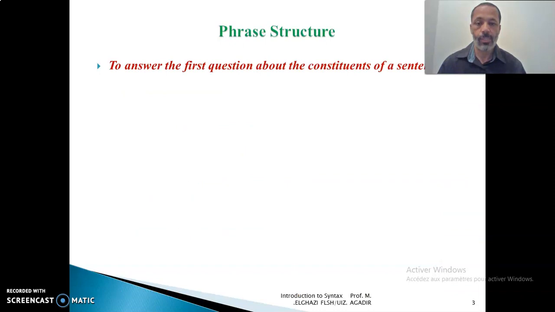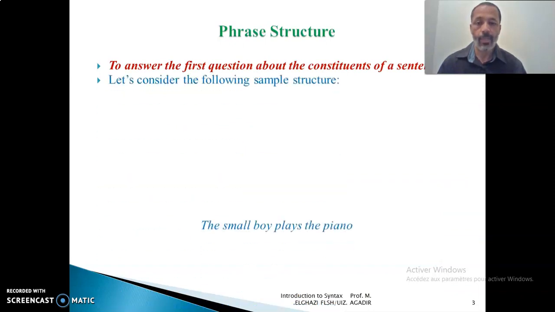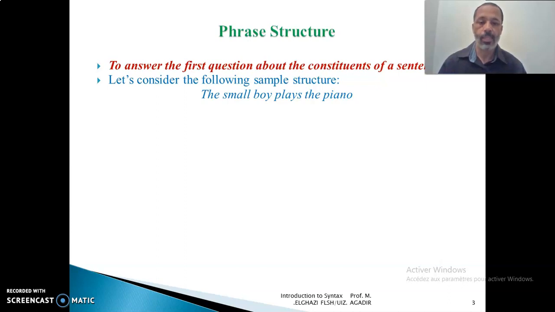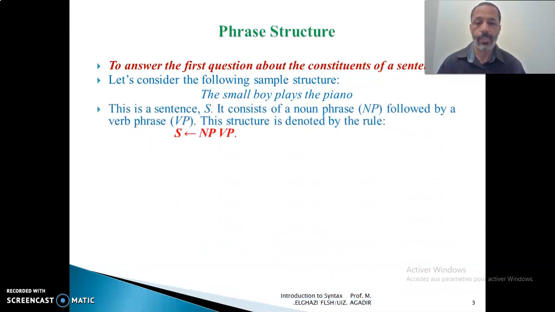Concerning the first question, which is about the constituents of a sentence, we are going to answer the question on the basis of a sample structure. Of course, there are different kinds of structures, different kinds of sentences, but we are going to see basically this simple structure, which is an example of other structures, and we will see some kinds of the components of which this sentence consists.